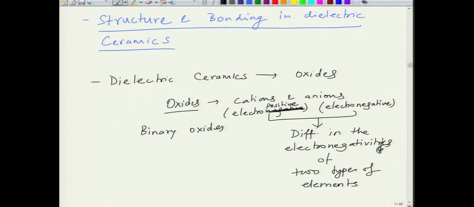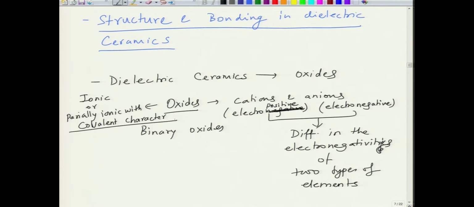Generally, oxides you will find are either covalent, ionic, strongly ionic, or partially ionic with covalent character.